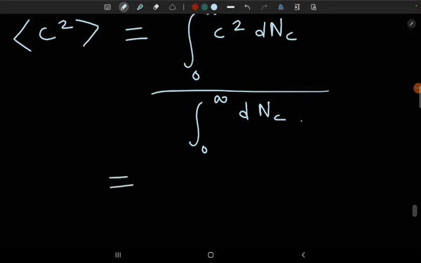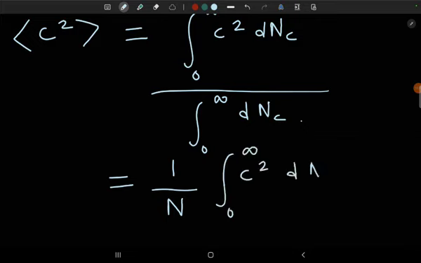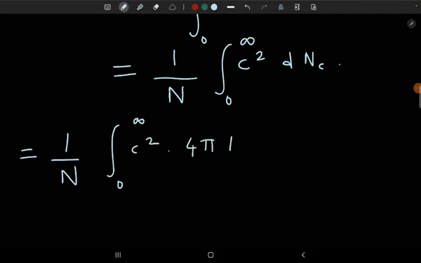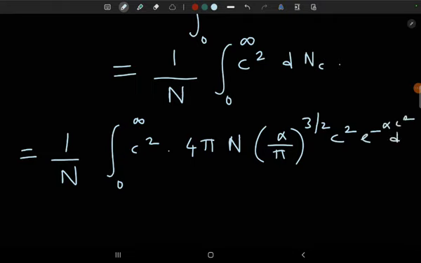Again, in dealing with the normalized speed distribution, the denominator would just be n, so this is the integral from 0 to infinity of c squared times 4 pi n, alpha by pi whole to the 3 by 2, and c squared e to the power minus alpha c squared dc.